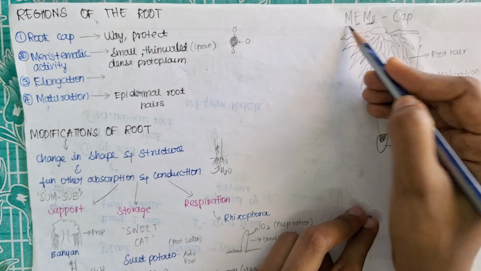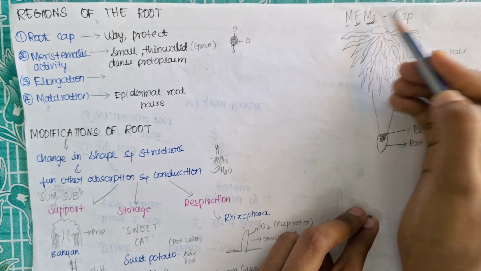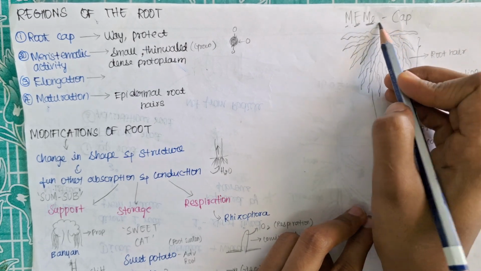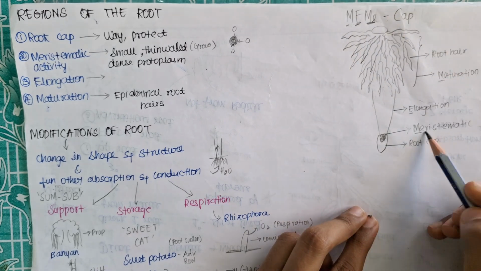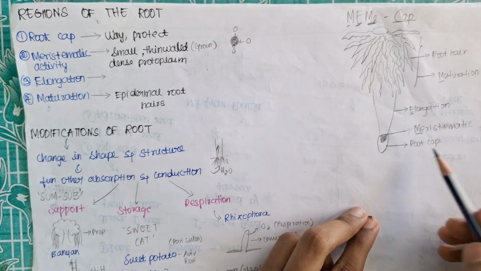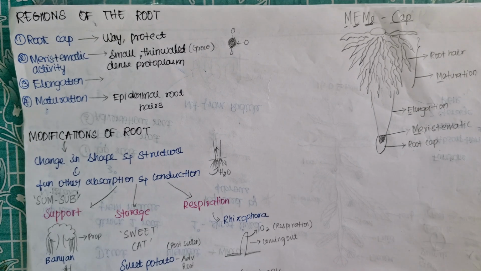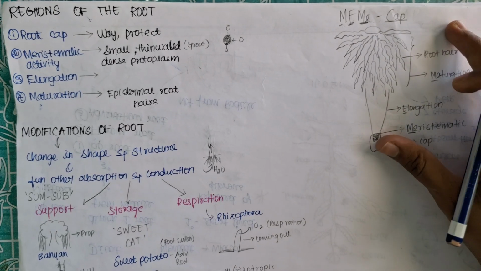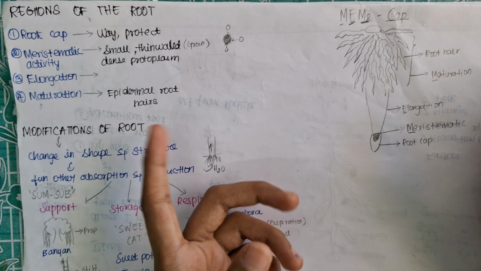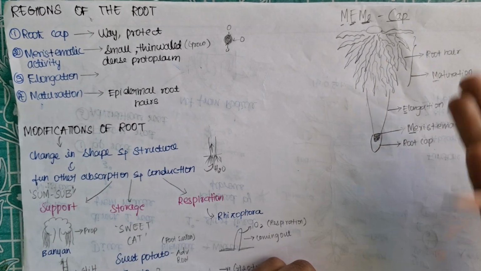Here M and E are separated initially, and then they are together. So M is for maturation, E is for elongation, Me is for meristematic. Then comes CAP. Cap is nothing but your root cap. So now you know what are the regions of the root, right? Any confusions? MEMECAP. Now we will talk about them one by one.